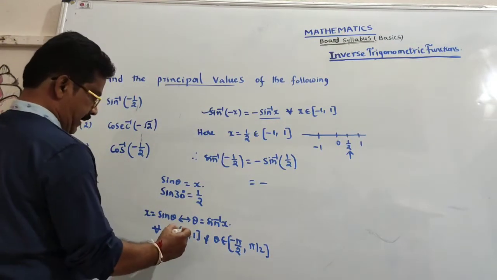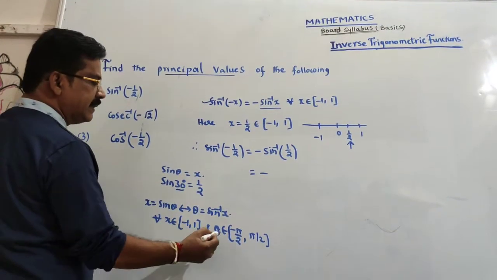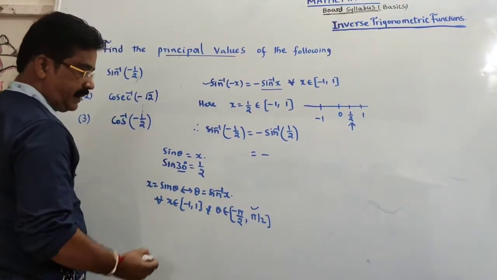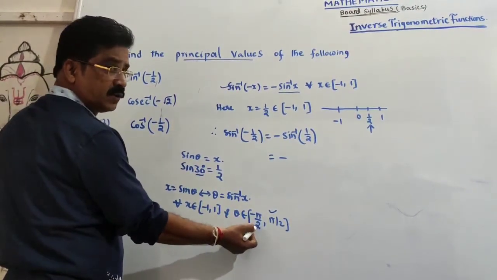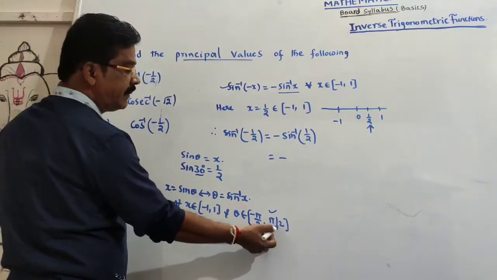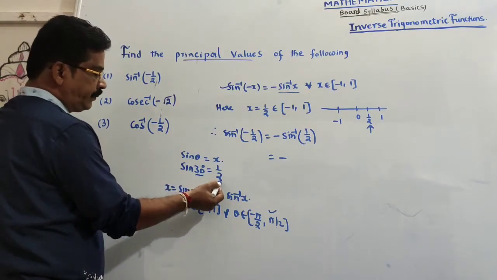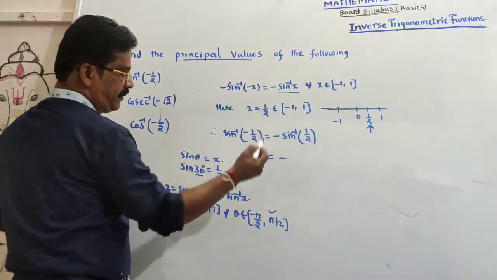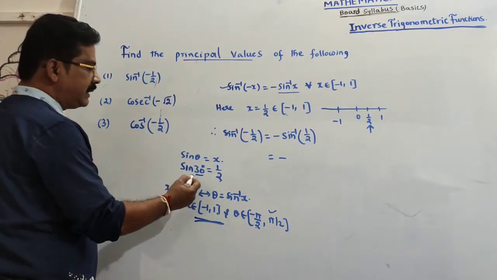So therefore here sin 30 degrees, 30 belongs to this interval, 30 means theta equal to 30 degrees. It belongs to closed interval of minus 90 comma plus 90 degrees. Next, x equal to 1 by 2 is in closed interval of minus 1 comma plus 1. So we can write like that.